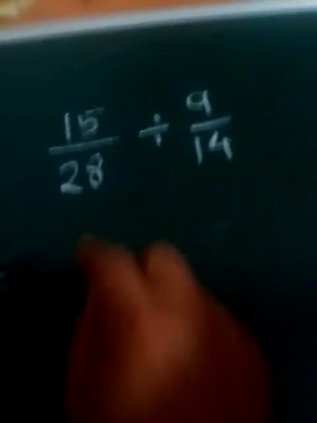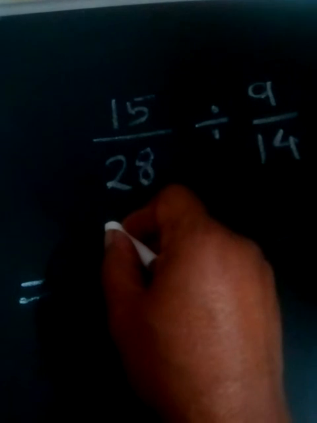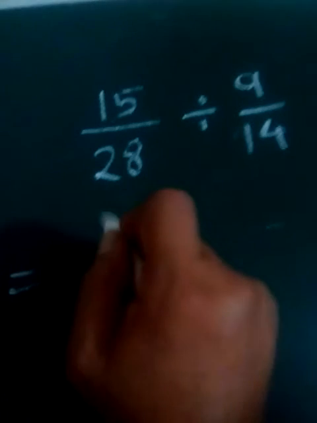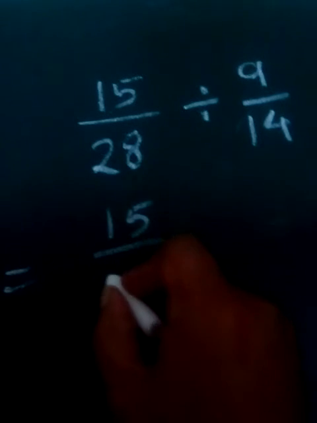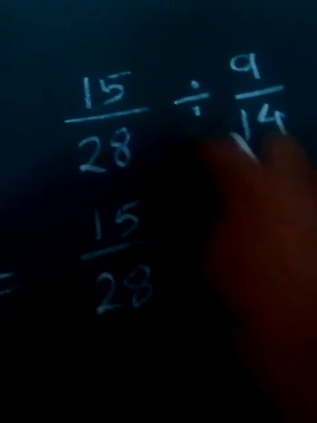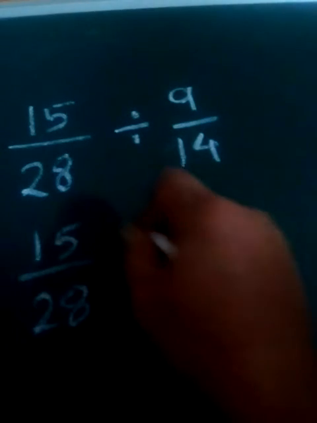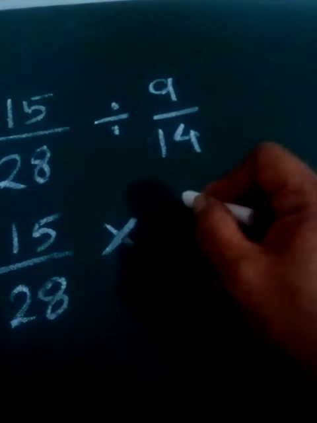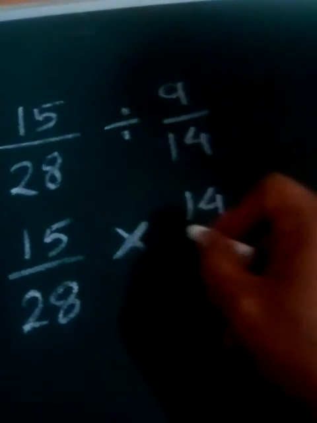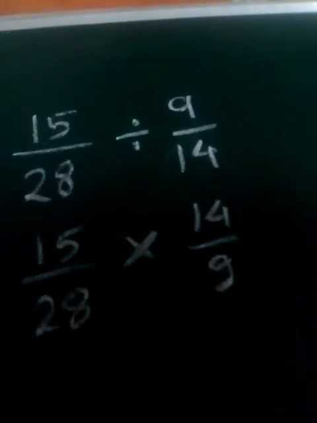You have to think that mentally. What will you write? 15 upon 28. Now what sign will you put here? Multiplication, multiplied by 14 upon 9. Good.